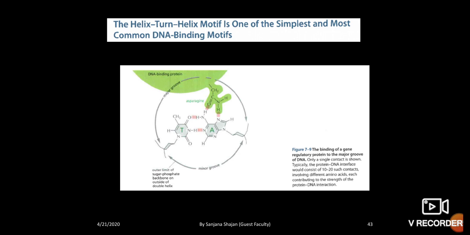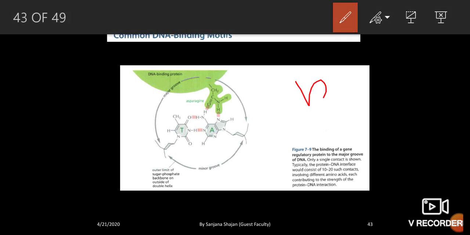Now going to the helix turn helix motif, it is one of the simplest and most common DNA binding motifs. It was the first DNA binding motif to be recognized, first identified in bacteria, and now it is found in both prokaryotes as well as eukaryotes. This helix turn helix is made up of two alpha helices.